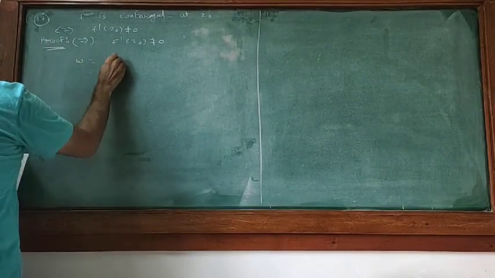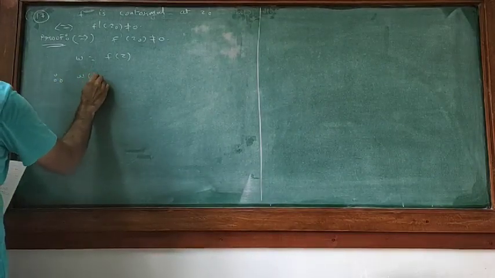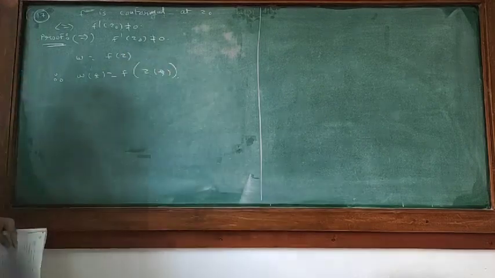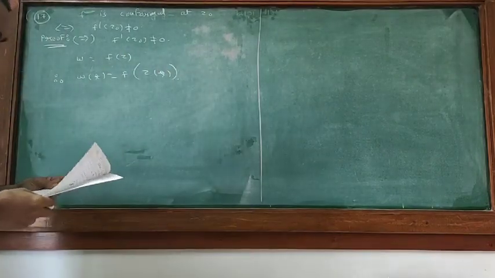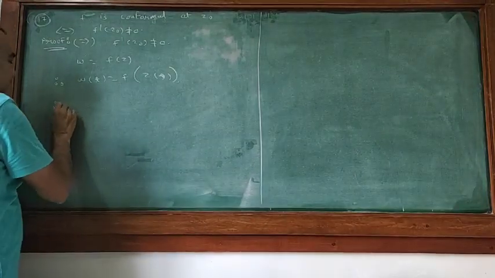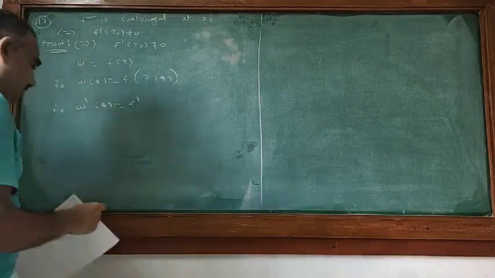Omega equals f(z), and if I write it as a parametric equation, omega(t) is f of z(t). Now omega dash t is f dash.